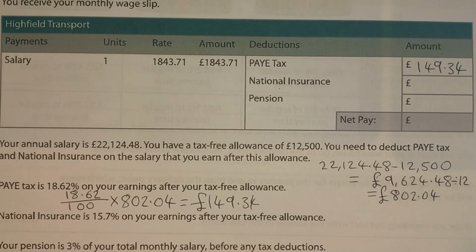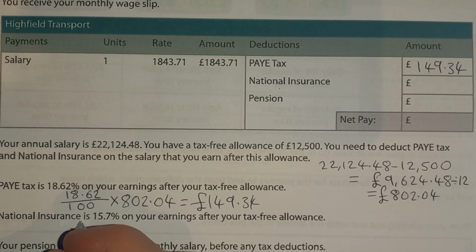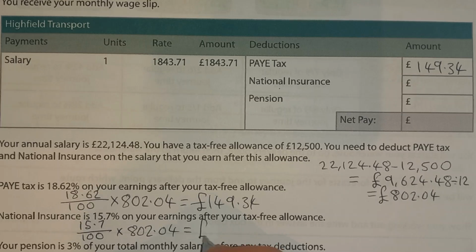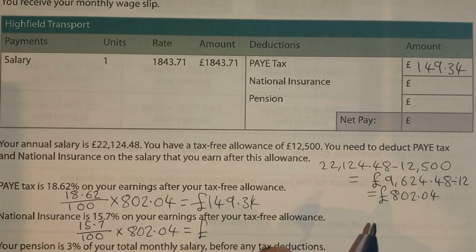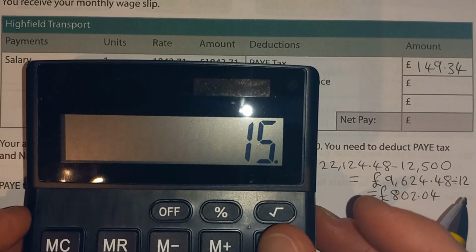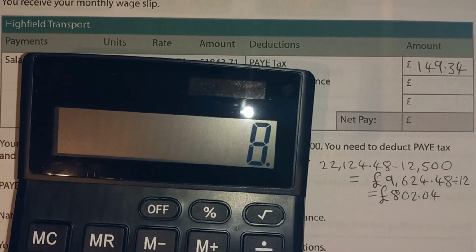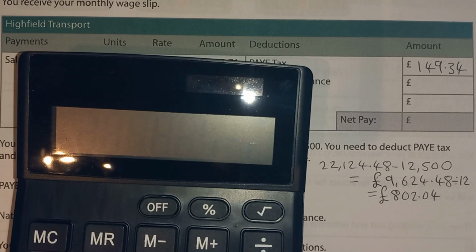Now, let's work out the national insurance next. This is 15.7% on your earnings after your tax-free allowance. So it's going to be a very similar calculation to the one above, but with 15.7% instead. So 15.7 divided by 100 and multiply that by £802.04.